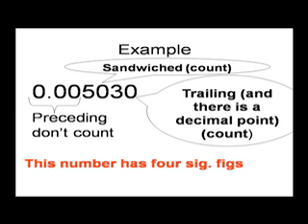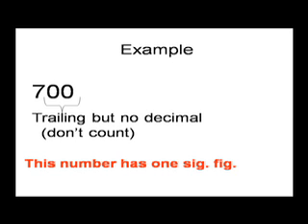That was fairly easy. I have also a couple other little examples. One is the number 700. How many significant figures does 700 have?